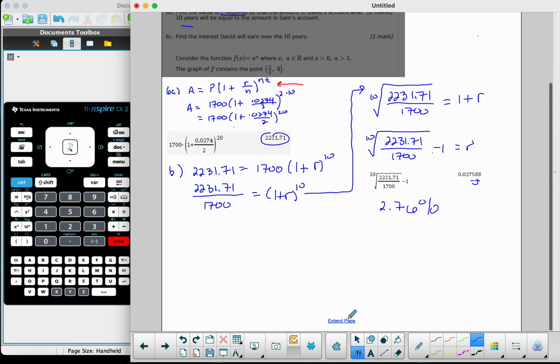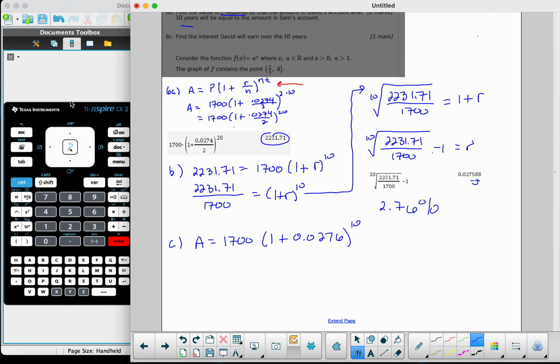That will give us the amount of interest he earned. So for David, the amount he'll have after 10 years is 1,700 times 1 plus R to the 10, so that's 1 plus 0.0276 to the 10th power.